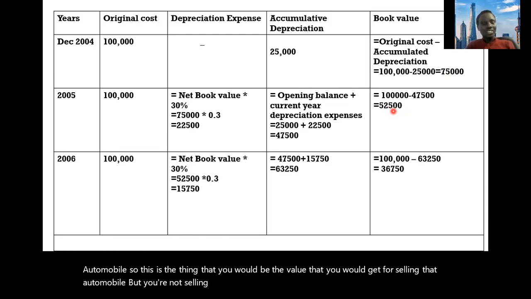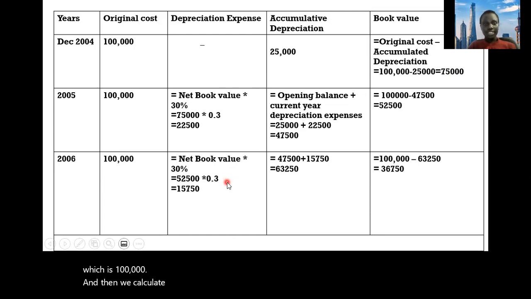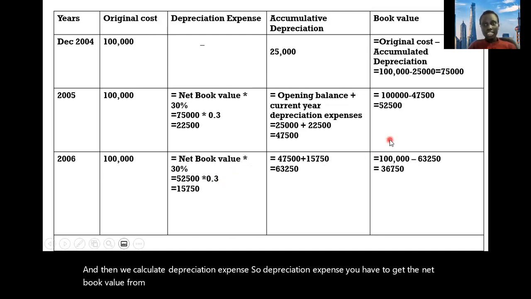We are going back to 2006. In 2006, we also need to understand how much this automobile depreciated. We start again with the original cost, which is 100,000. Then we calculate the depreciation expense. You have to get the net book value from the previous year, or what is currently on the books, which is 52,500.